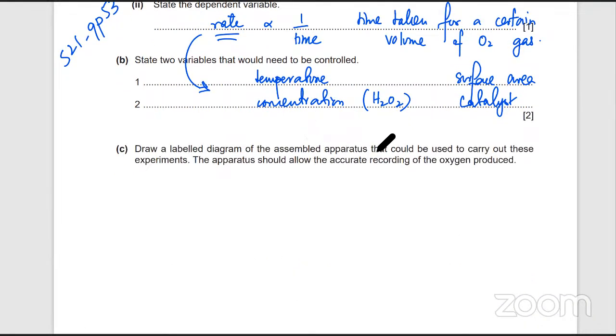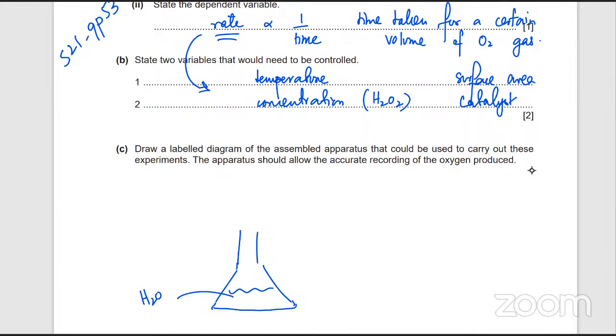Draw a labelled diagram of the assembled apparatus that could be used to carry out these experiments. The apparatus should allow accurate recording of the oxygen produced. So what you're going to do is take a conical flask. Okay, there's going to be H2O2.